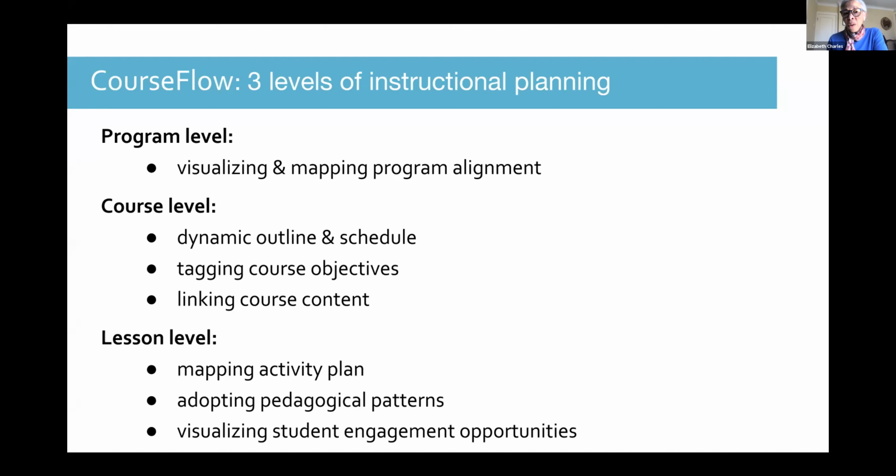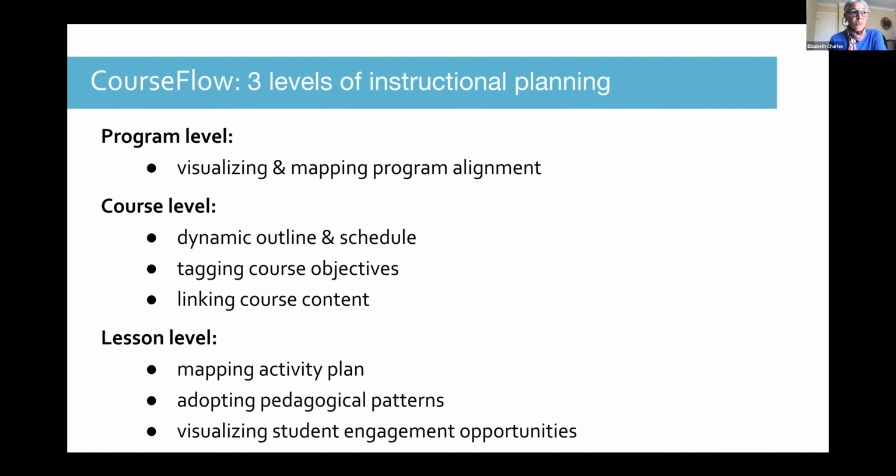So CourseFlow has 3 instructional levels. The program level, with its visualization and mapping of the program alignment process. The course level, which is a dynamic course outline and schedule, and it has the facilitation of course objectives that can be tagged and identified, as well as linking to course content.